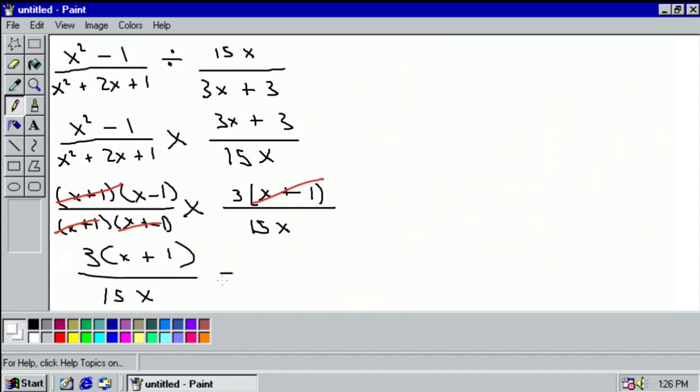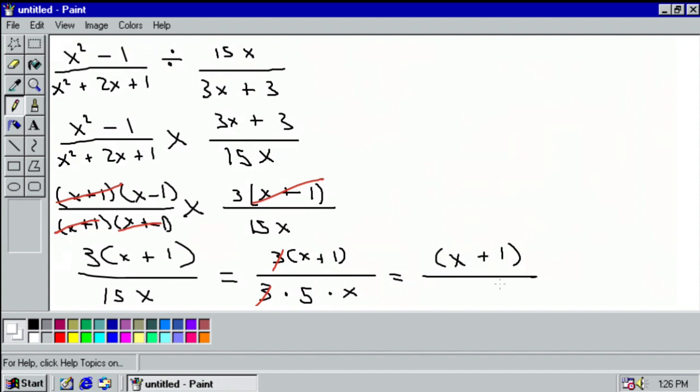We can still simplify by making 15x into 3 times 5 times x. I did it on purpose so that we can cancel the 3's. So what we have left here is x plus 1 over 5x. And that is the final answer. You can remove the parentheses, by the way.